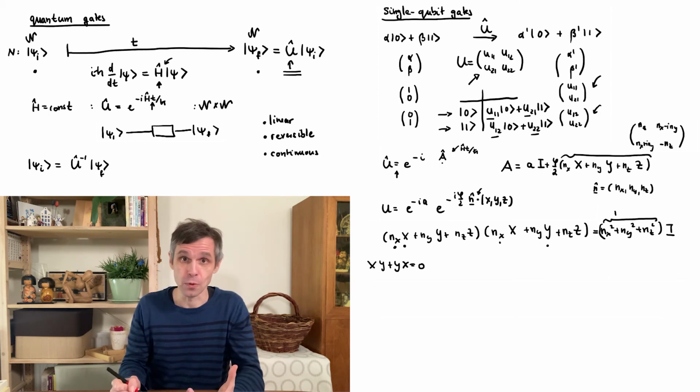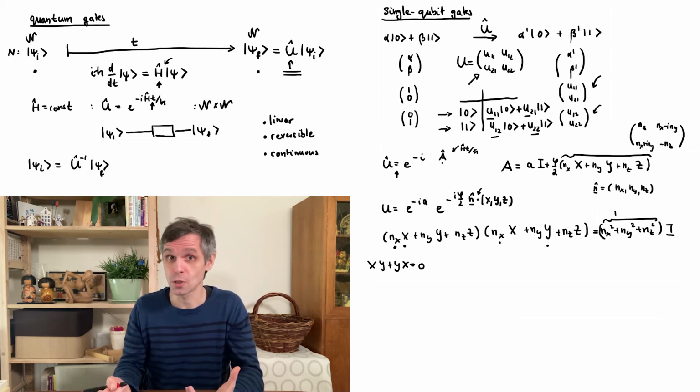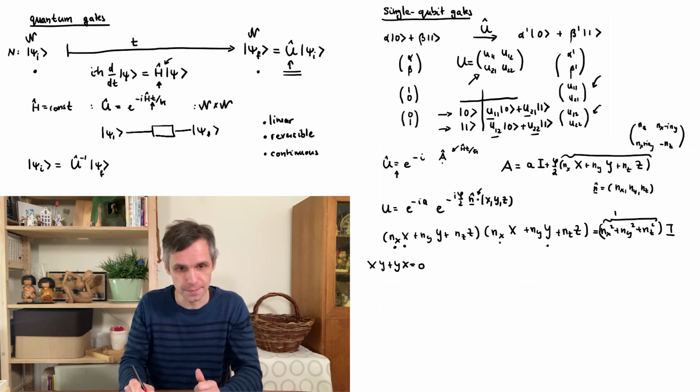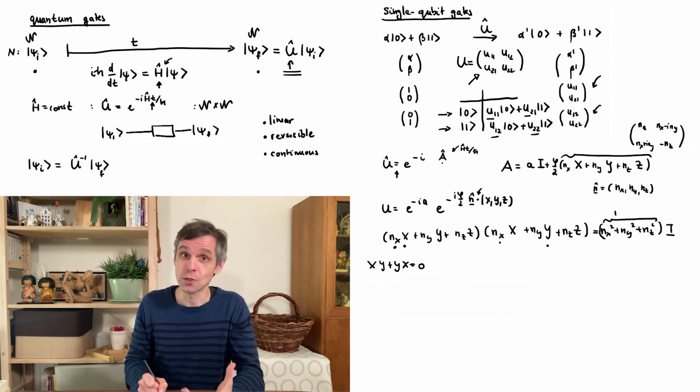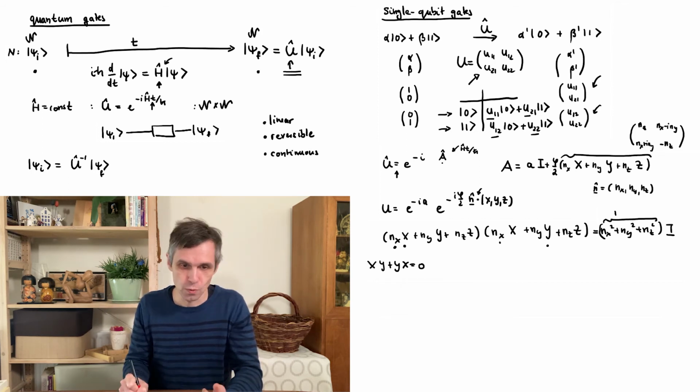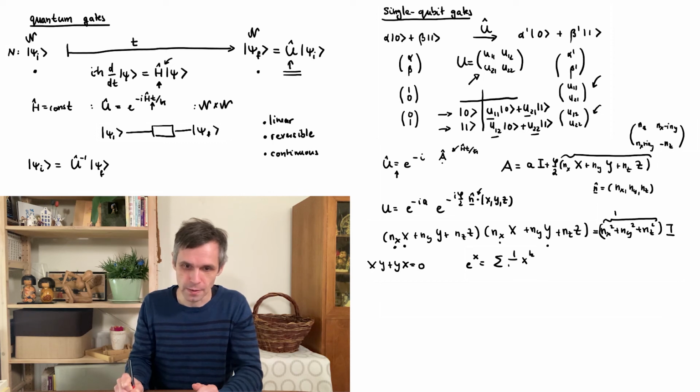Then there is just one more step, and this is to use the definition of these exponential functions here. Because now we have a function of a matrix, and again, this is defined as a power series. So we are going to use the definition of the exponential function as a power series with powers x to the k multiplied by the inverse of k factorial, and this runs over all non-negative powers.